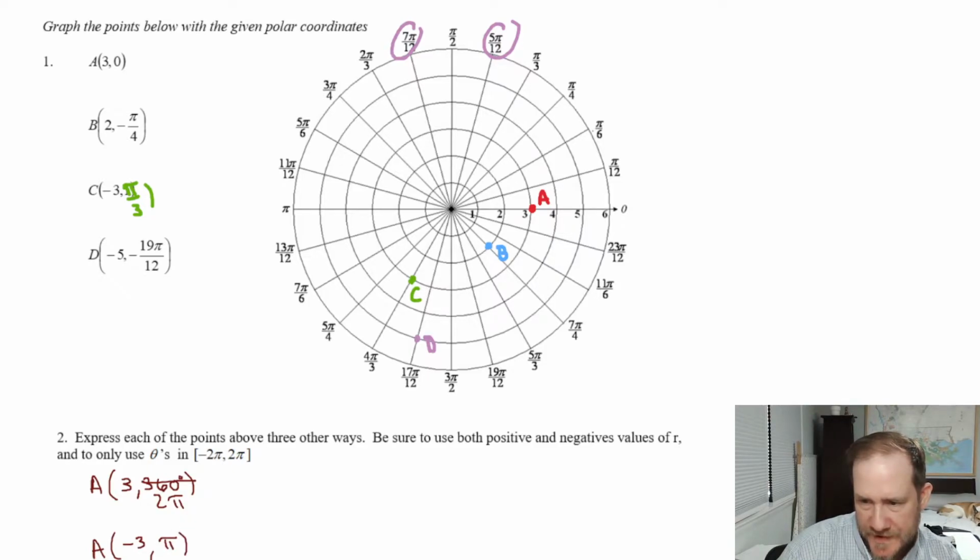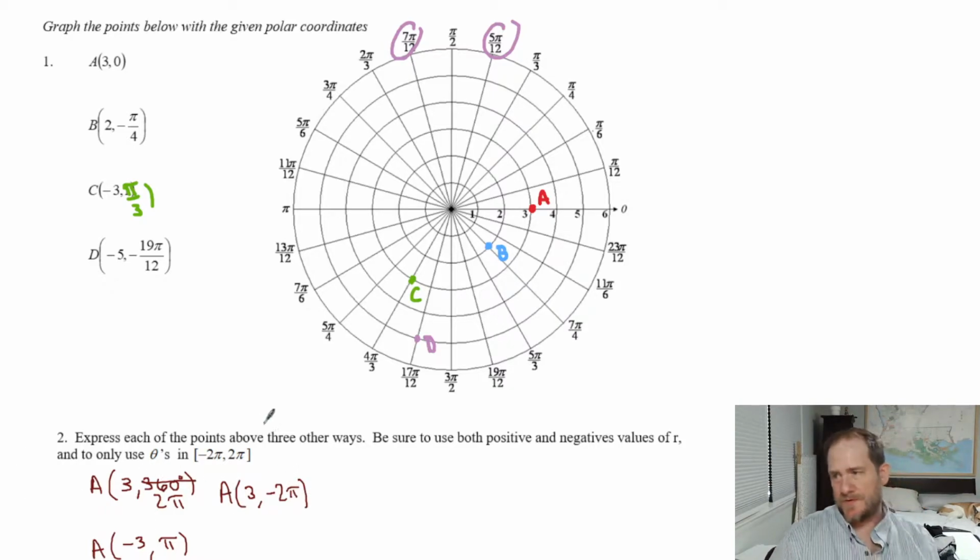You could go with -3 and then give -pi instead, and that would work. So what am I missing? Positive radius with a negative angle. I mean, we would just go 3 and a -2 pi. That would be the same diff. So there you go. I guess I gave you 4. There's 4 different ways to do A.